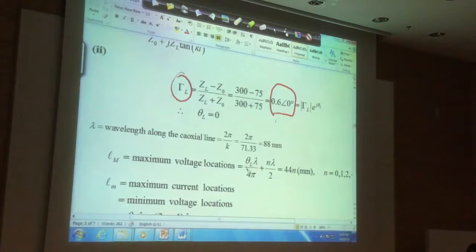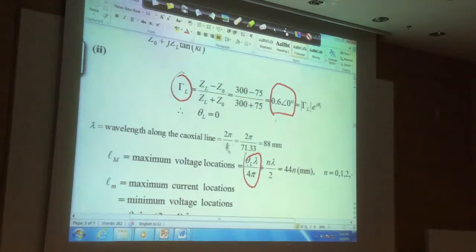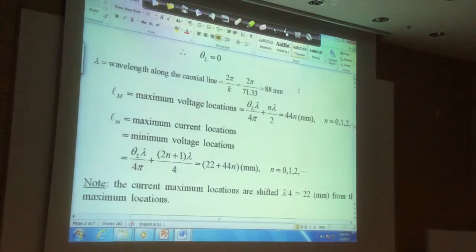Theta L is 0. Now the maximum is n times lambda over 2. Lambda you can also calculate since k is 2 pi over lambda, right? It's not difficult. The minimum is another quarter wavelength. This plus another quarter wavelength.